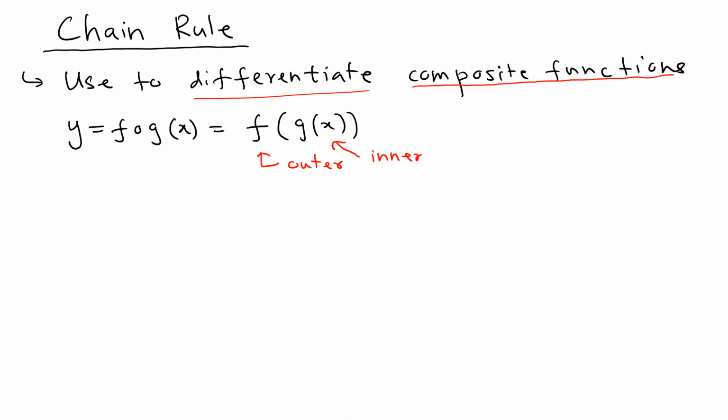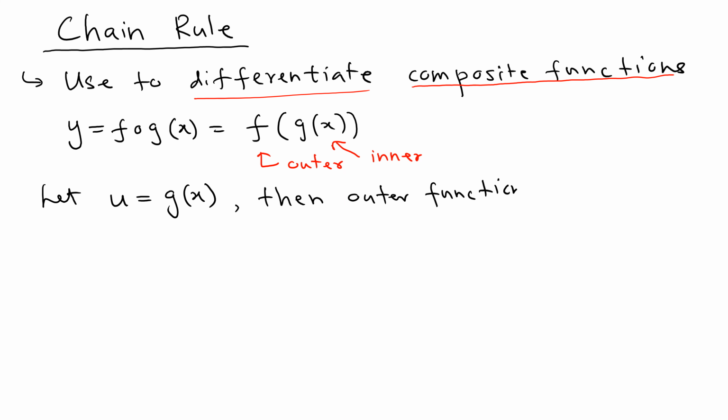After that, we're going to say let u equal the inner function. If you call the inner function u, then you can write the outer function as f(u), because you consider g(x) as u.